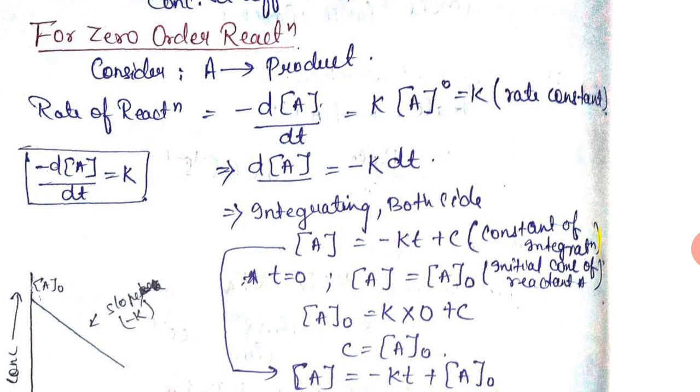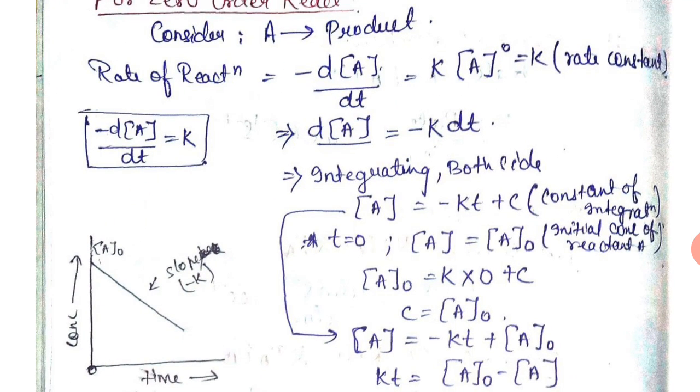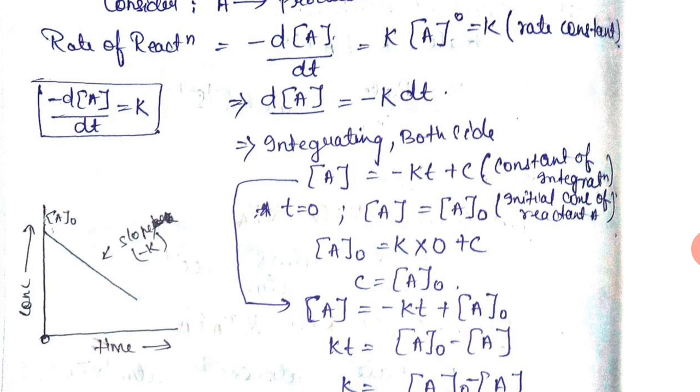So here d[A] is equal to minus k dt. You can see how it came, and integrating both sides we get [A] is equal to minus kt plus C, where C is the constant of integration.